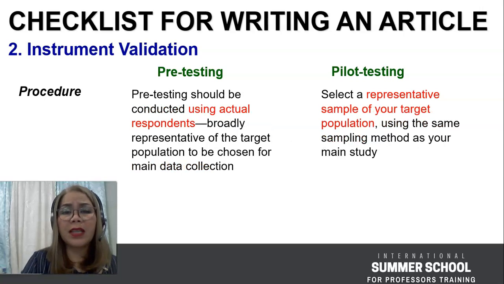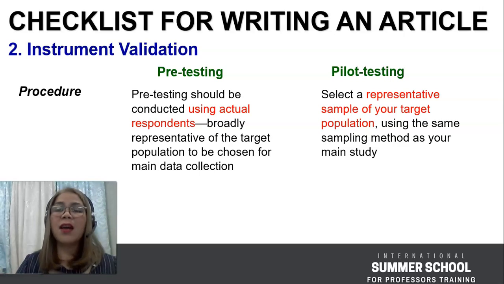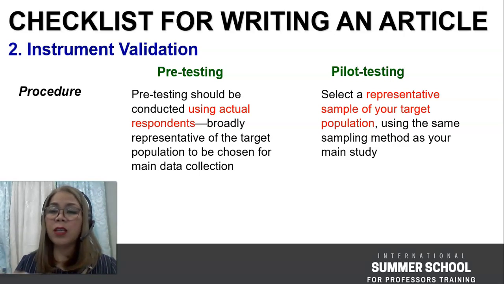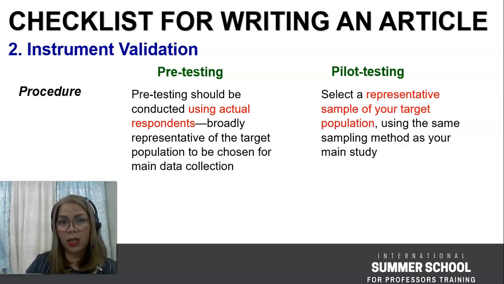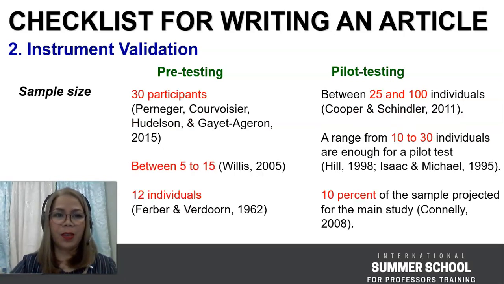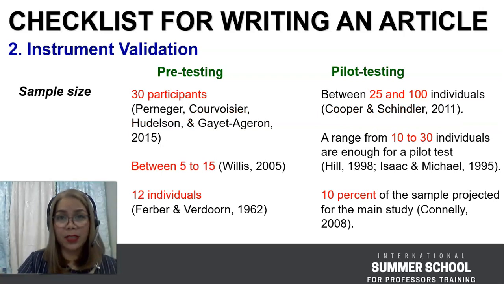When conducting pre-testing, it should be conducted to the actual respondents, while pilot testing is to be conducted to a representative sample of your target population. The sample size for pre-testing will range from 30 participants, 5 to 10 participants, or 12 individuals.